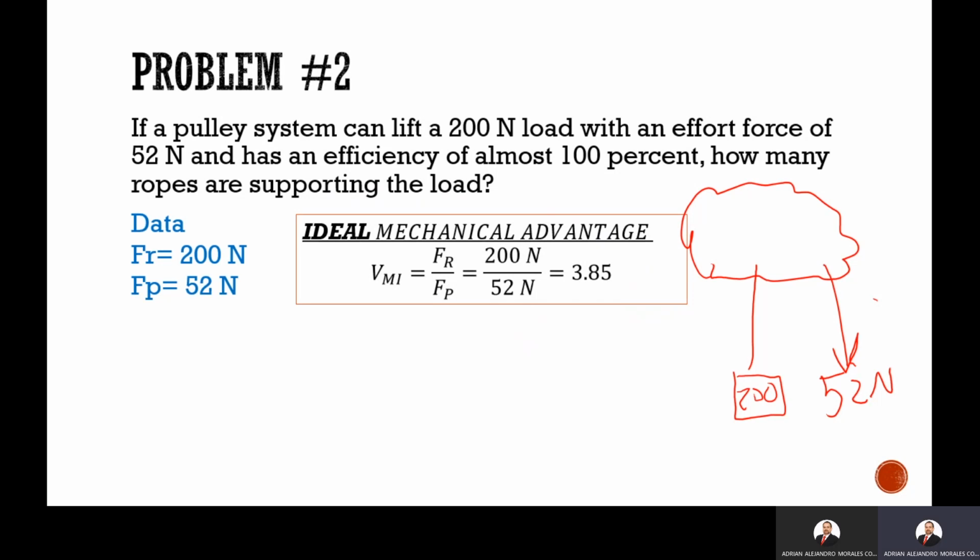That has given us the ideal mechanical advantage of 3.85. So we may consider around 4 ropes for this answer. How many ropes? 4. You cannot use 3.85, so you round it to 4 ropes.